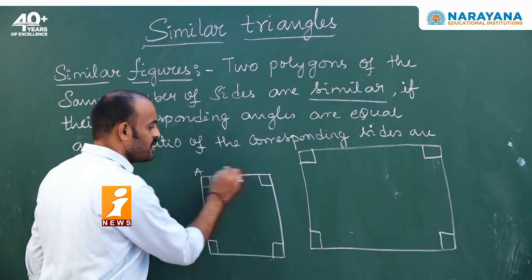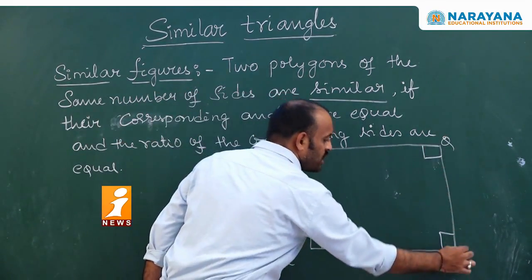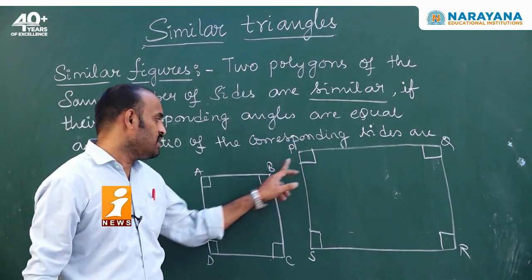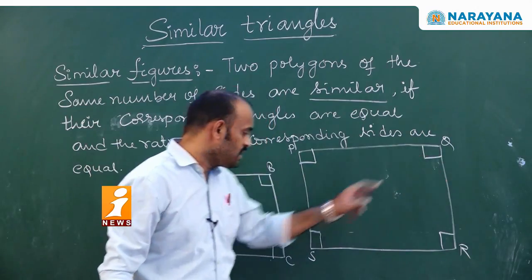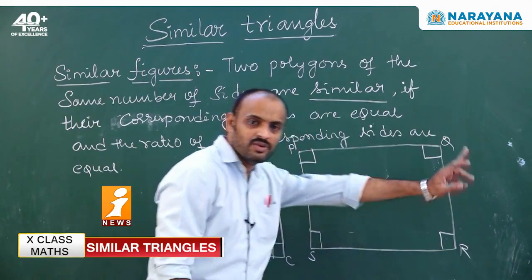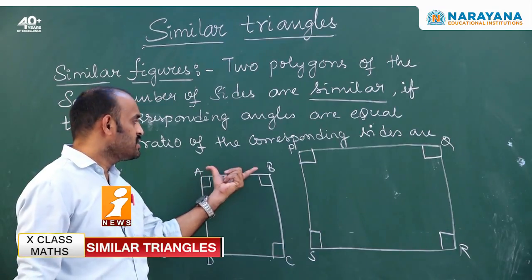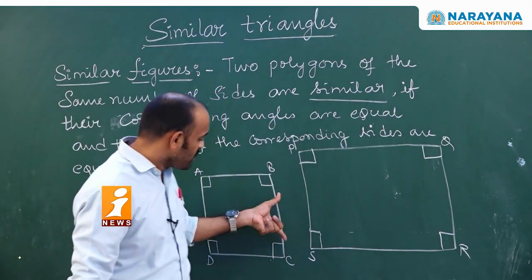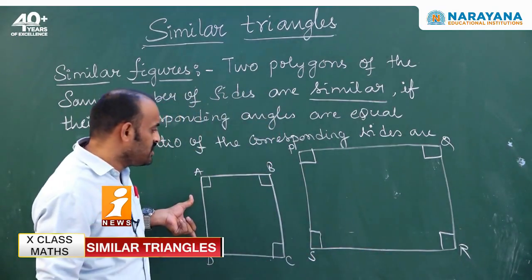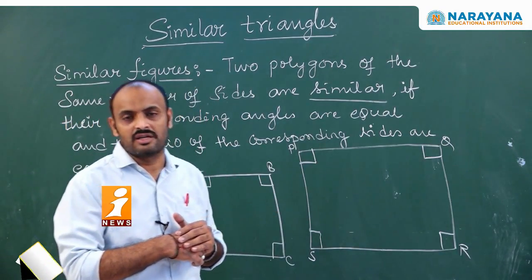If you name this as A, B, C, D, and this as P, Q, R, S, angle A and angle P should be equal, angle B and angle Q should be equal, angle D and angle S should be equal, angle C and angle R should be equal, and the ratio of the corresponding sides, that means AB by PQ is equal to BC by QR is equal to CD by RS is equal to DA by SP, then the figures are said to be similar.